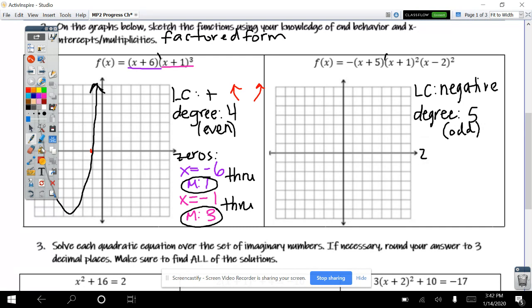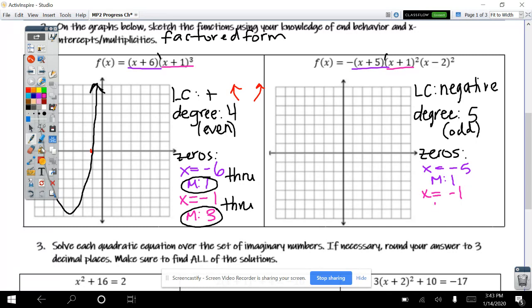Now for the zeros. So for the zeros, again, I just need to look at each factor. So x plus 5, that gives me a 0 of x equals negative 5 because it's always the opposite. And the multiplicity of that is going to be 1 because that's the exponent on that factor. And then x plus 1, that gives me a 0 of x equals negative 1.